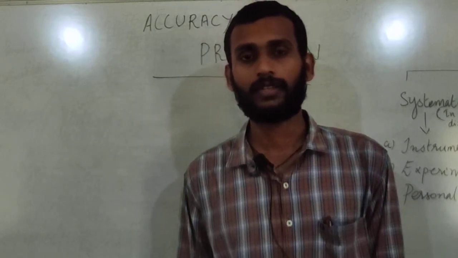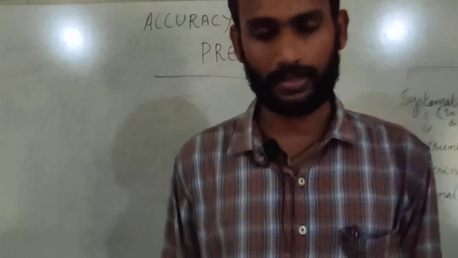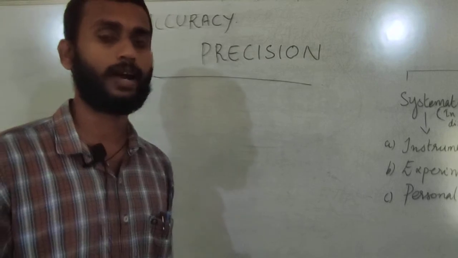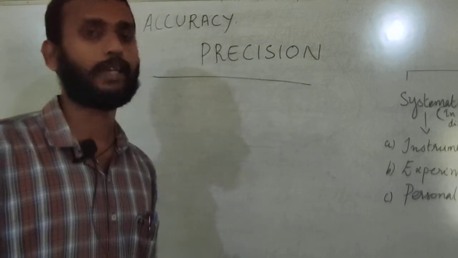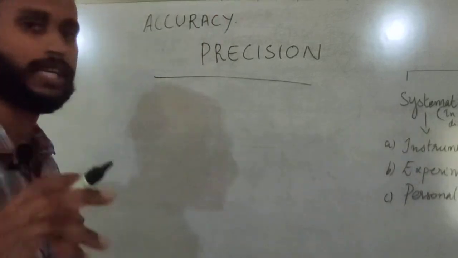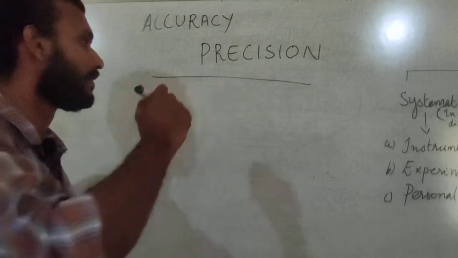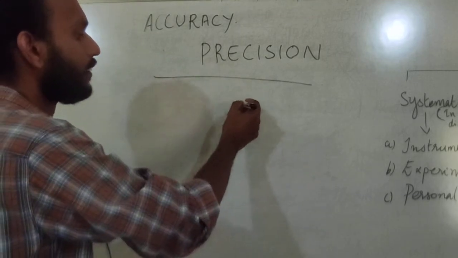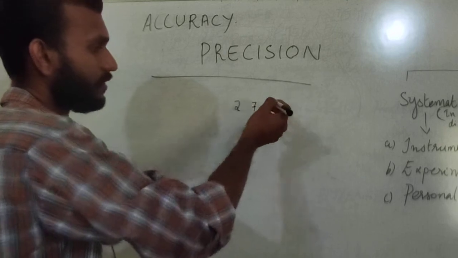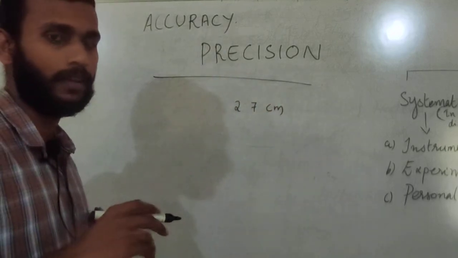Okay. So first of all, let us come to the term accuracy, or accurate. We will see what an accurate reading is, or what accuracy is. Suppose you have a material with a true length given as 2.7 centimeters. This is the actual length of the material.